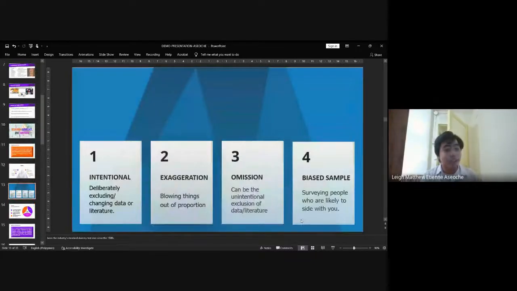Now we have different kinds of biases in research. The first is intentional bias. What do we mean by intentional bias? It is when you're deliberately excluding or changing data or literature. As I said, in research you have to take into account all sides. Take for example, if you're researching about the death penalty, even though you're against it, you have to include in your research ideas or opinions that are for the death penalty.